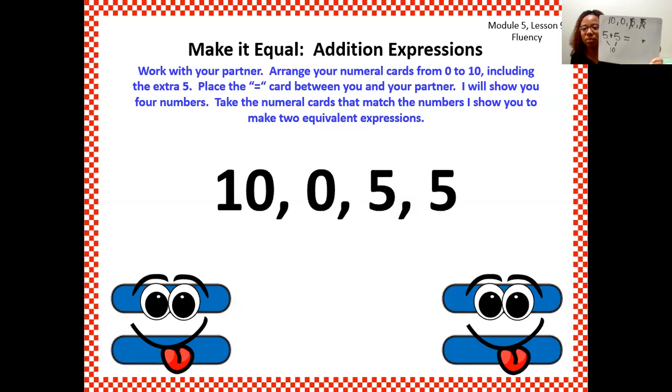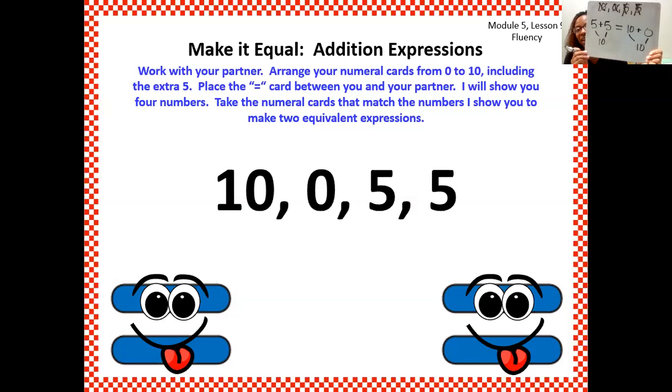So what would be my next number sentence? Well, not number sentence, but my next expression. It will be 10 plus 0. And I know that that also equals 10. So let me go ahead and cross my numbers out. Did I use all 4 numbers?